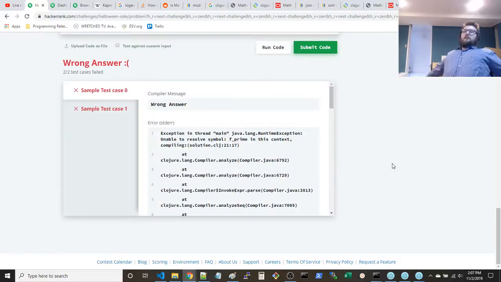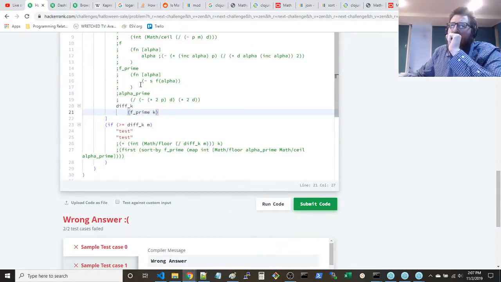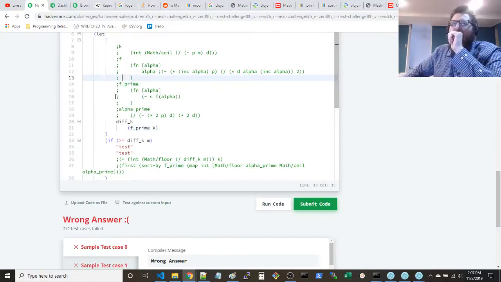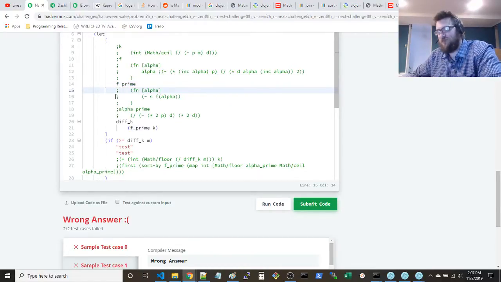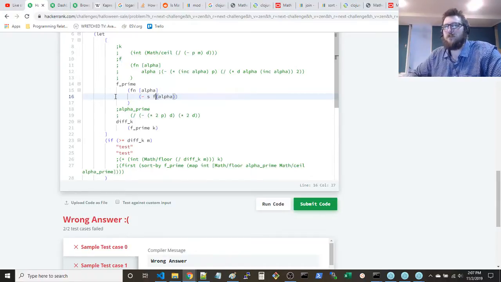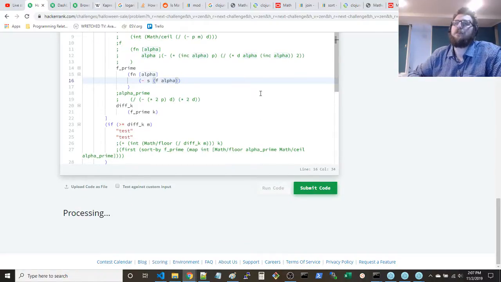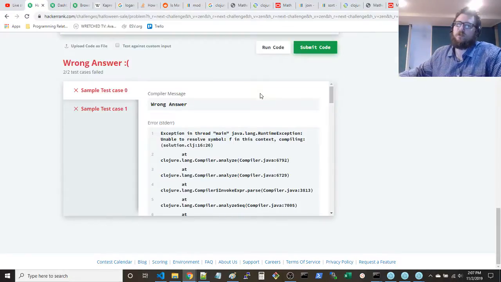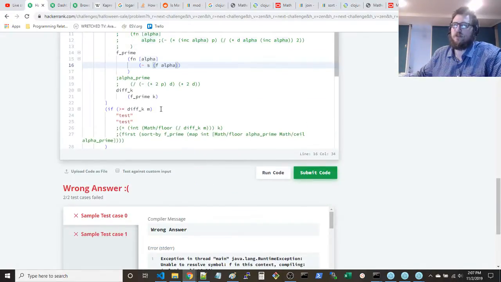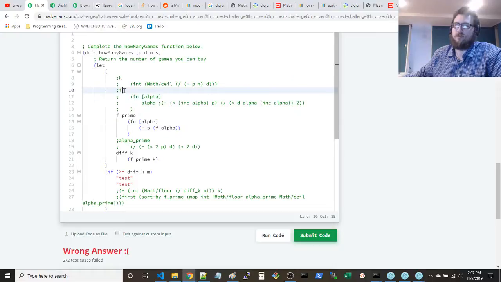Let's see. Cannot resolve f prime now. And this was done incorrectly as well. So it's the Lisp-like syntax that's really throwing me off. And then f isn't defined. It should give me that error now too. Yeah. All right. Let's define f.